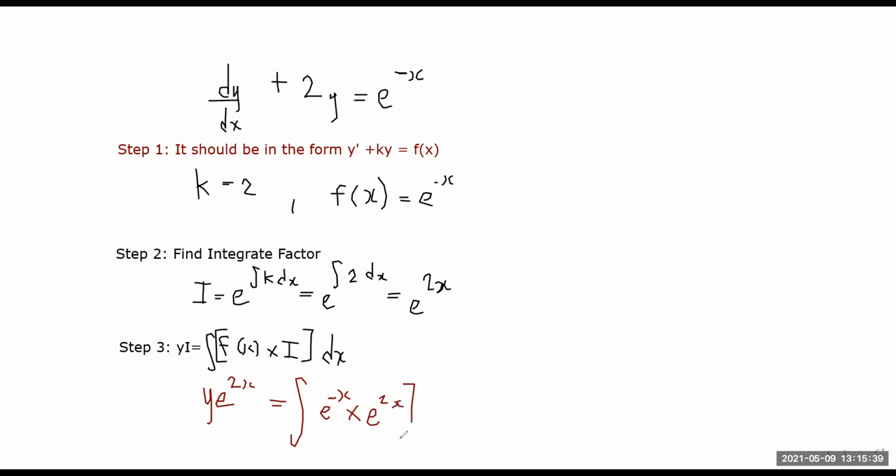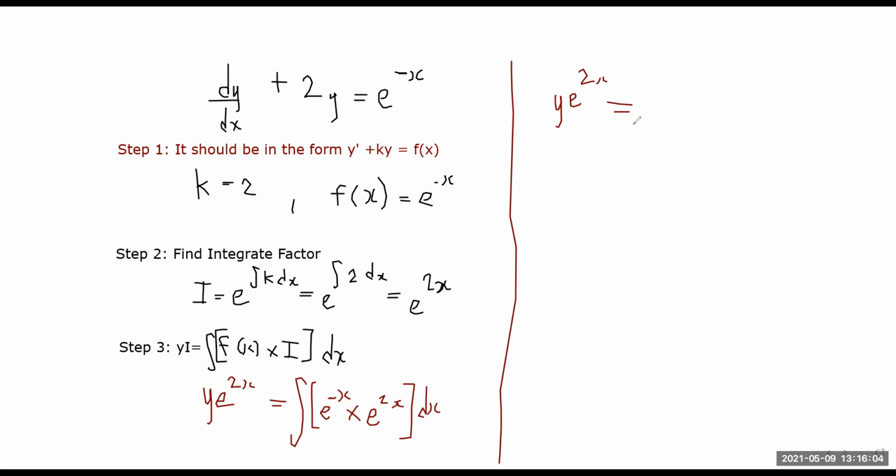That's what we do, multiply those two. So y times e to the 2x, we can't simplify, so we just write back y e to the 2x. And that ends up equal to e to the minus x times e to the 2x.